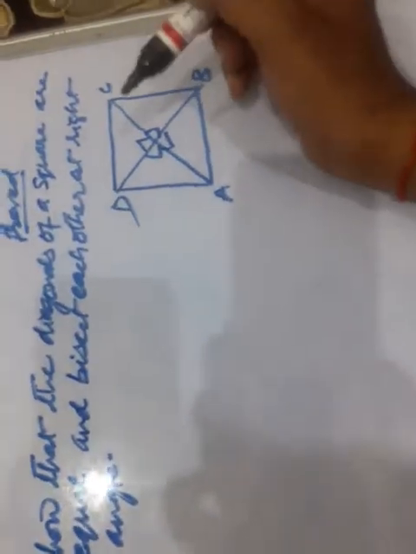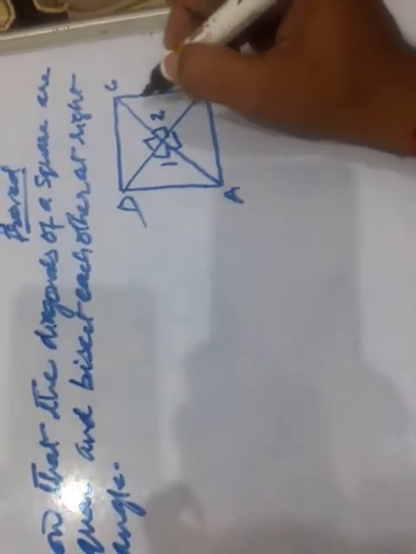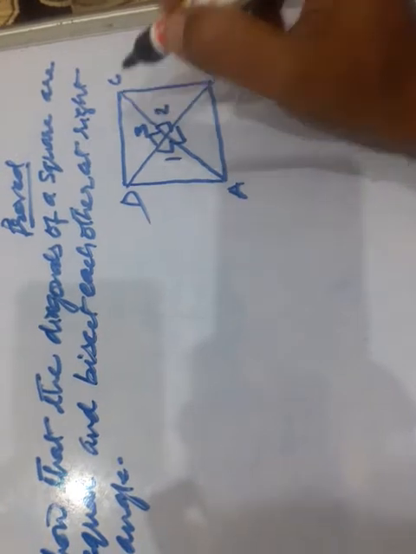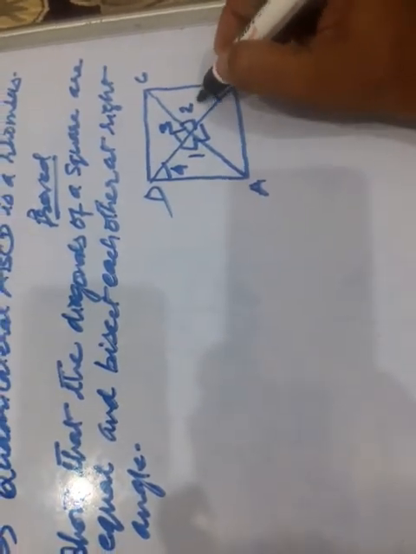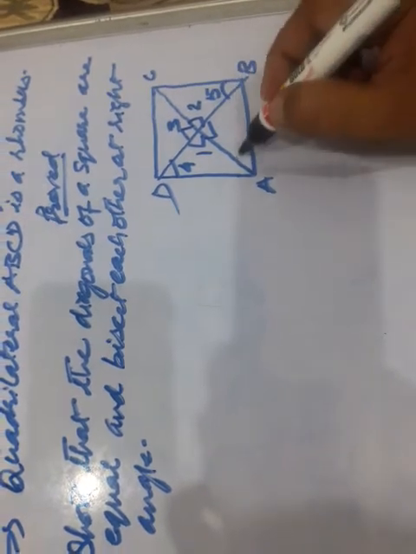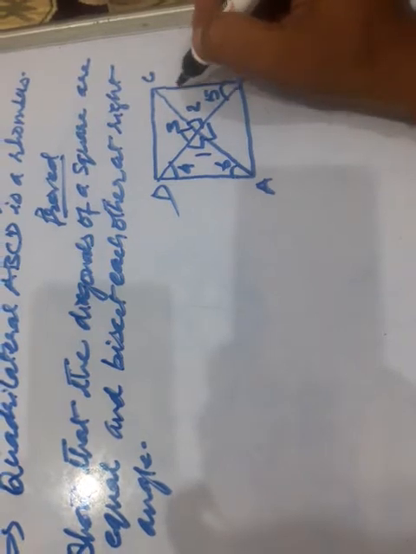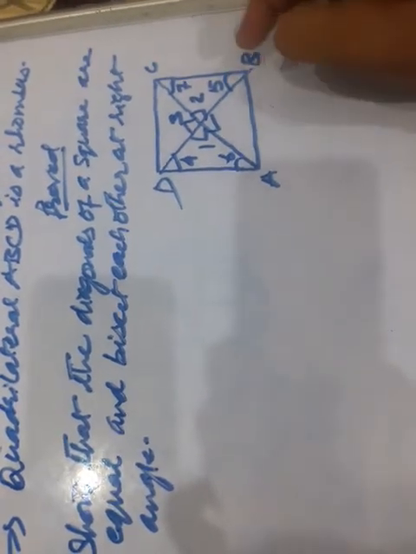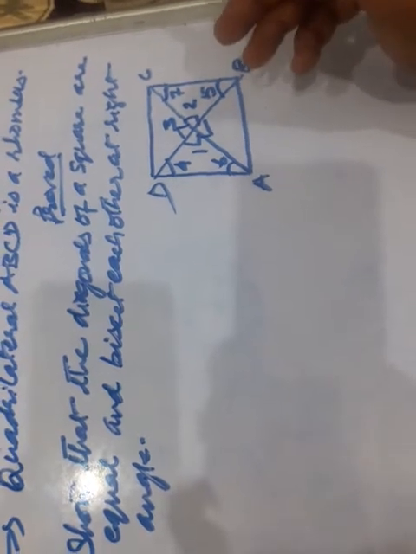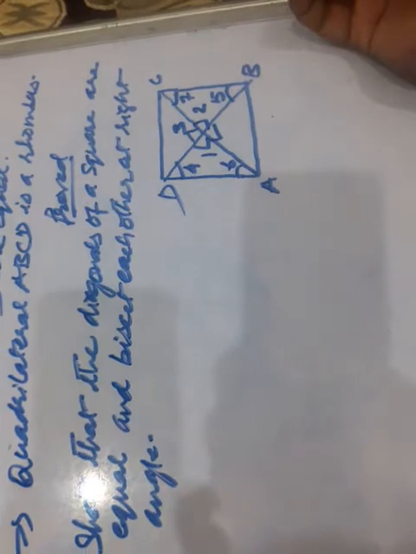Now let us give names to the angles: angle 1, angle 2, angle 3, angle 4, angle 5, angle 6 and angle 7. We give these names for the convenience of writing, otherwise we get confused.